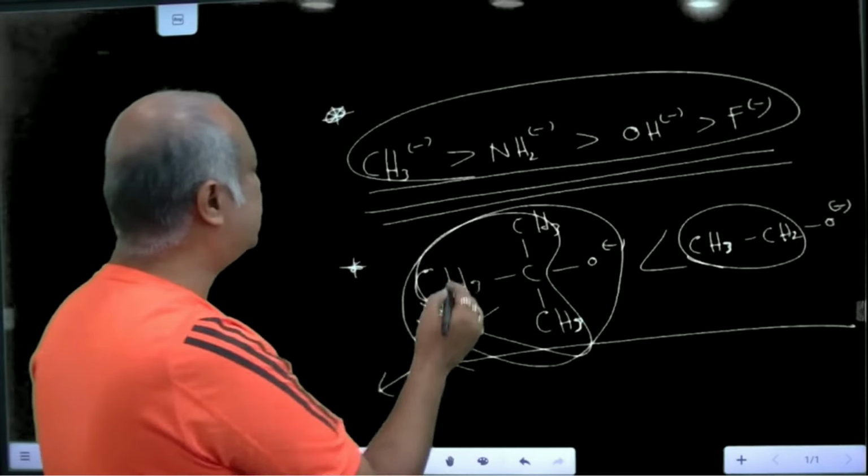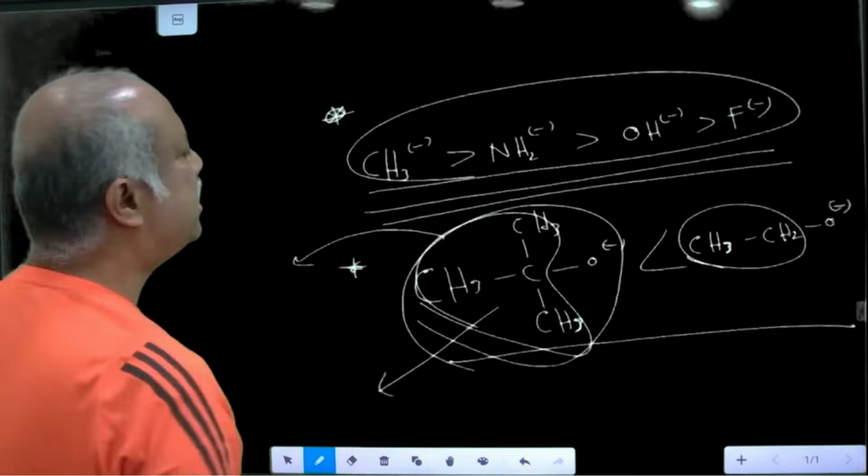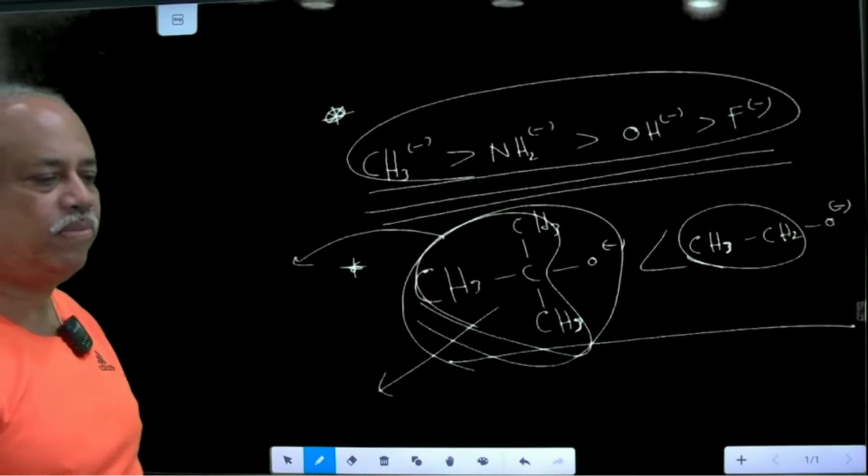Bulky groups are less nucleophilic than normal ones.